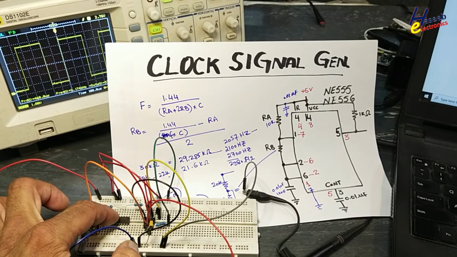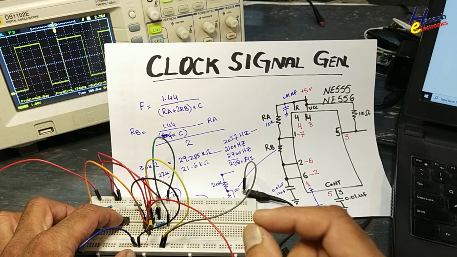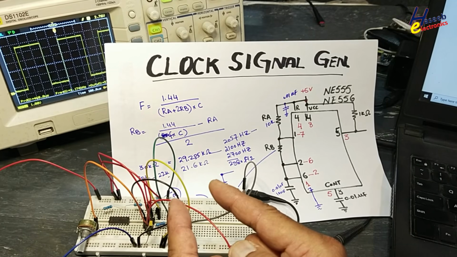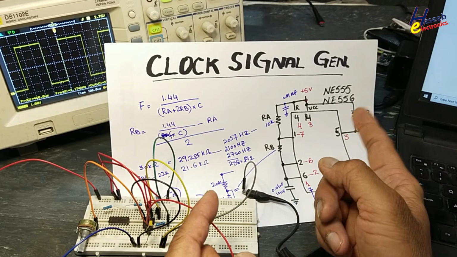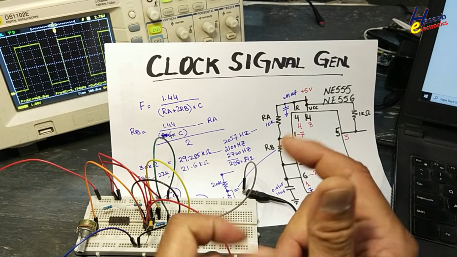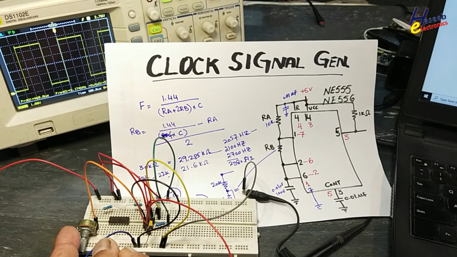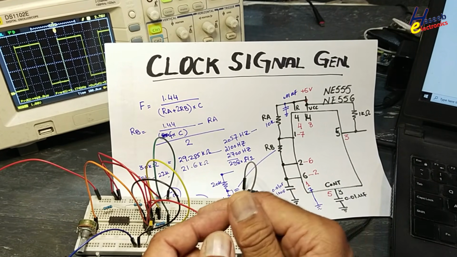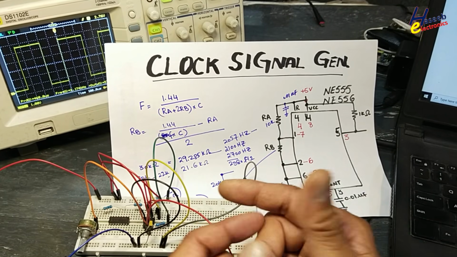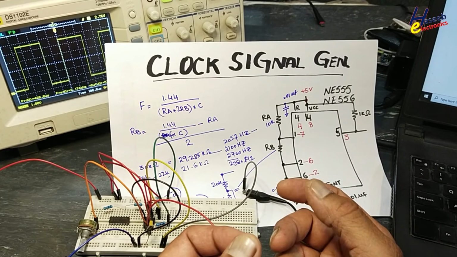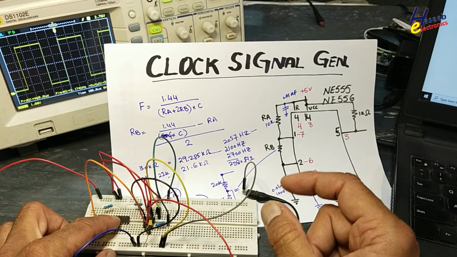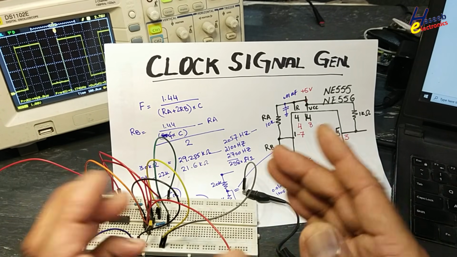If both channels of NE556 are utilized, then we can combine two NE555 ICs that will replace this IC. If we have any circuit that is using 555 and we don't have NE555, at that time if NE556 is available, we can utilize one channel of the IC.